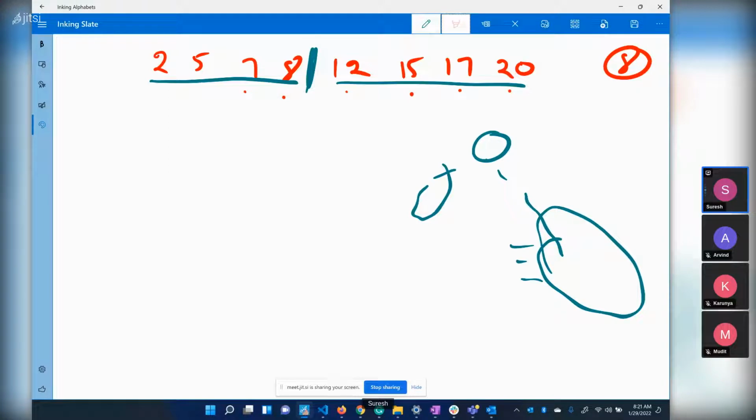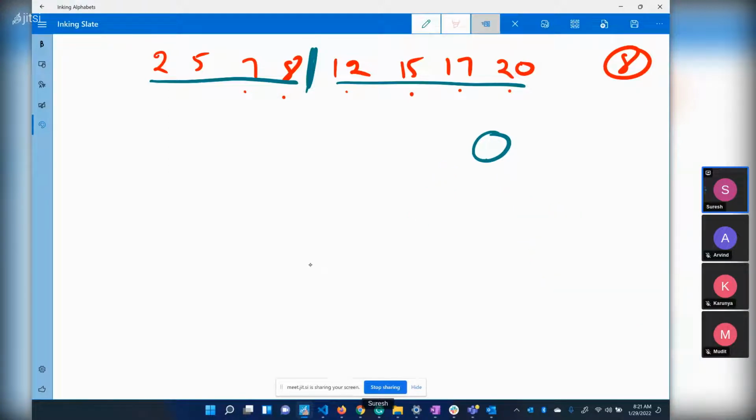So even the balanced binary search tree is the same thing, right? We discussed it last week. Balancing means that if the levels differ by just one, then it's okay. Greater than one is a problem.